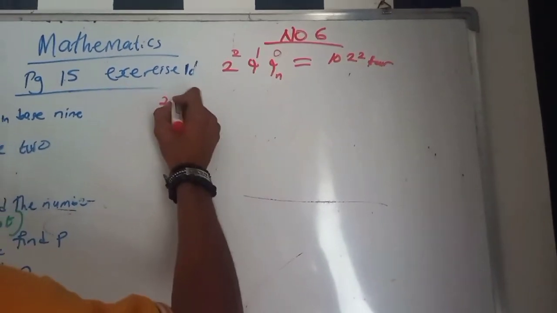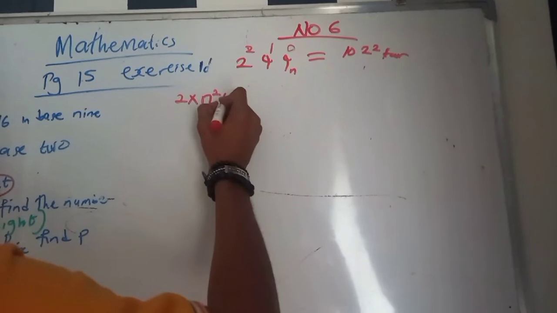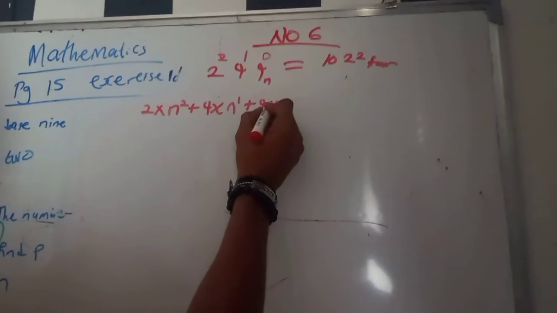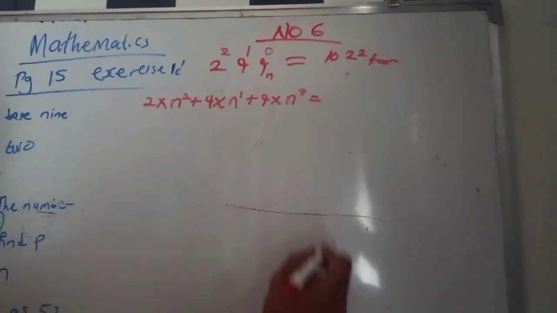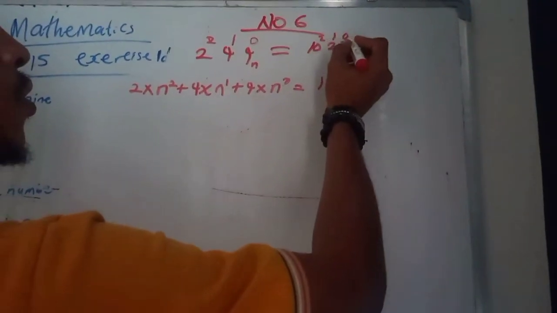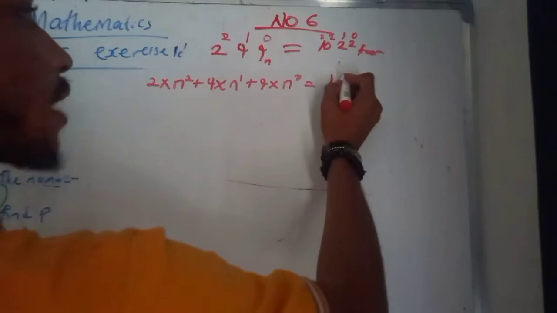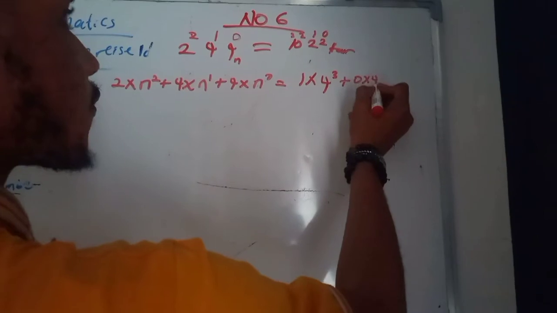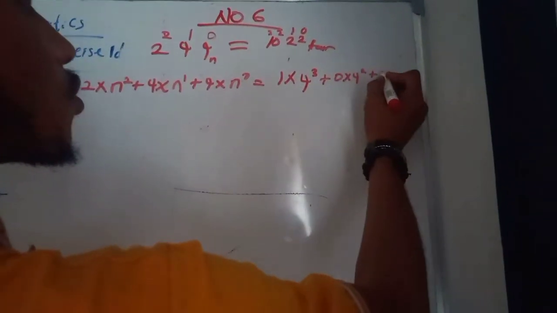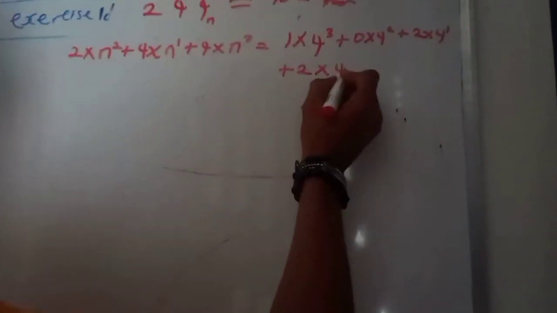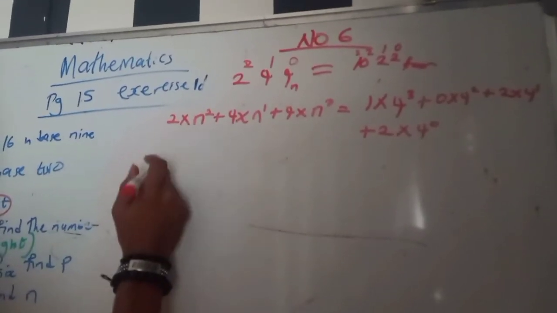So 2 times n to the power 2 plus 4 times n to the power 1 plus 4 times n to the power 0 equals, naming this one 0 1 2 3, 1 times base 4 to the power 3 plus 0 times base 4 to the power 2 plus 2 times base 4 to the power 1 plus 2 times base 4 to the power 0.